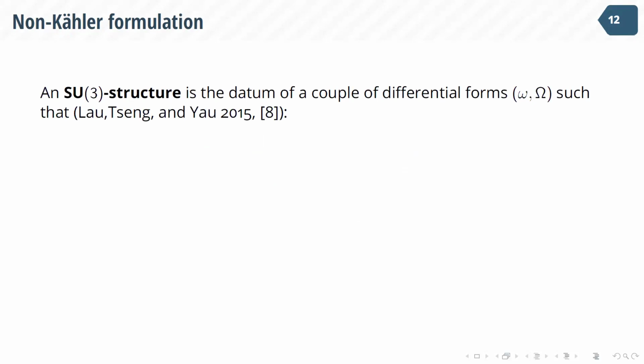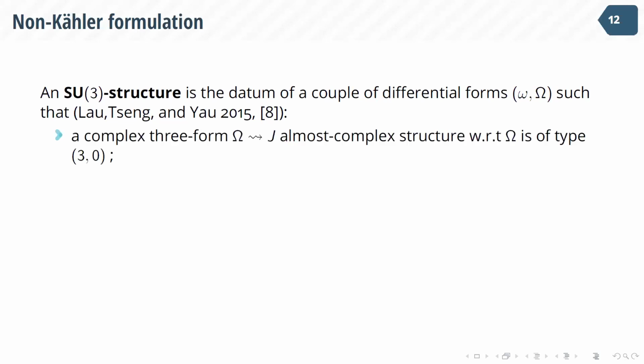In 2015, Lau, Zheng and Yau proposed an approach using SU(3) structures, which is the datum of a couple of differential forms omega and big omega, such that big omega is a complex three-form that induces an almost complex structure with respect to which big omega is of type 3-0.